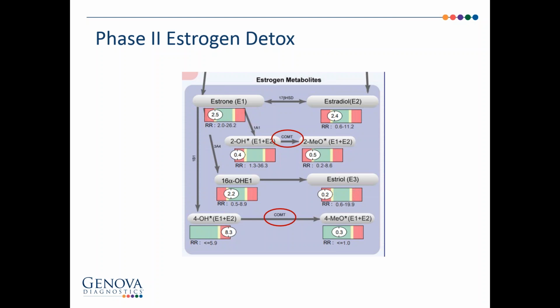The problem is this. Anytime you have anything that goes down to the 4, we get super nervous, right? We don't want it to come down to 4-hydroxy. It's a similar answer to what we just talked about. To methylate 4-hydroxy will give you 4-methoxy, right? This is somewhat difficult to pick up in laboratory testing in the urine.